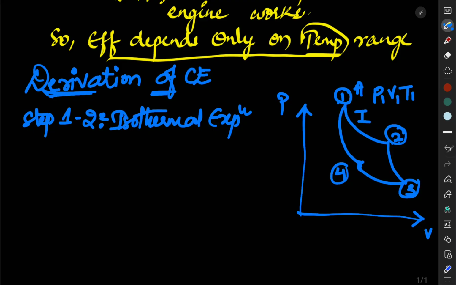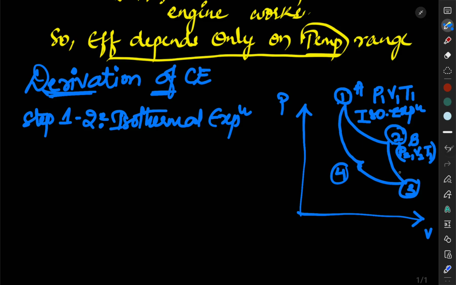At B, the second step, pressure is P2, volume is V2, temperature is T1 only, because it is isothermal expansion, and in isothermal processes the temperature does not change, it is constant.